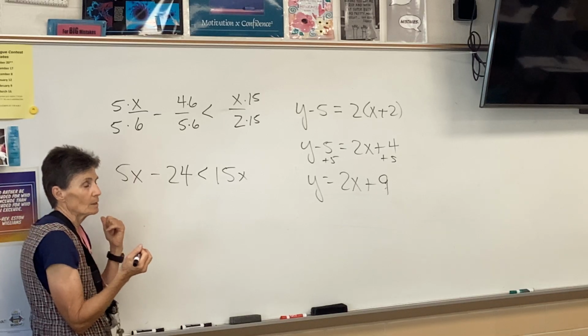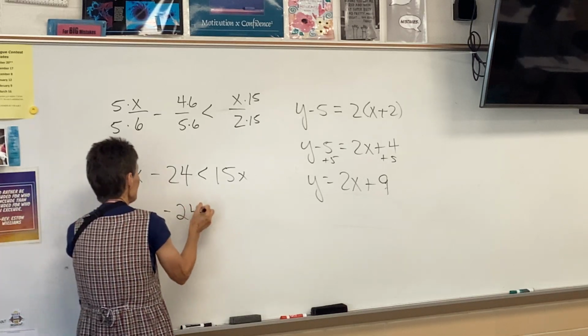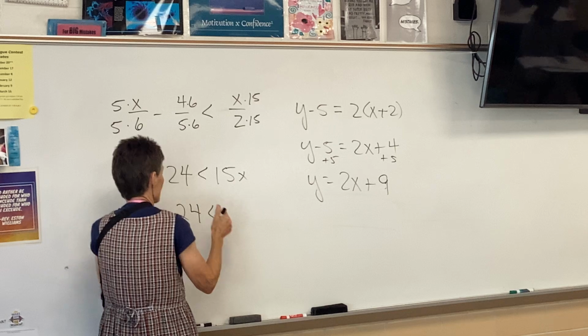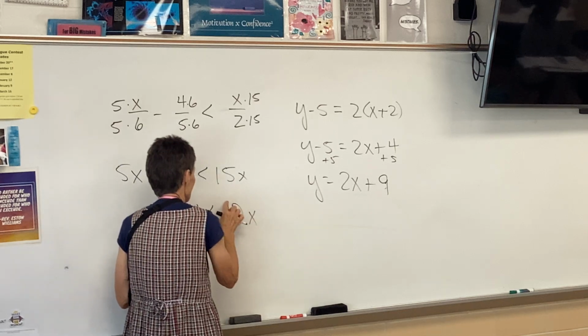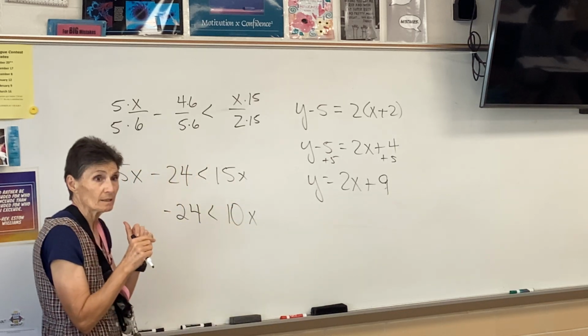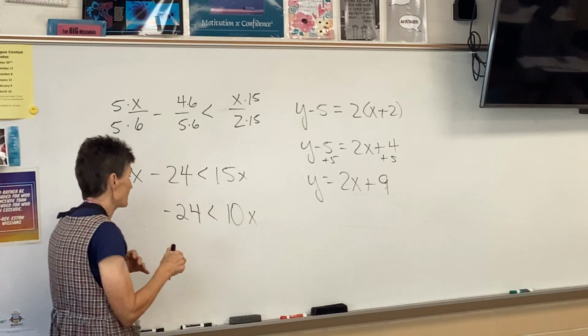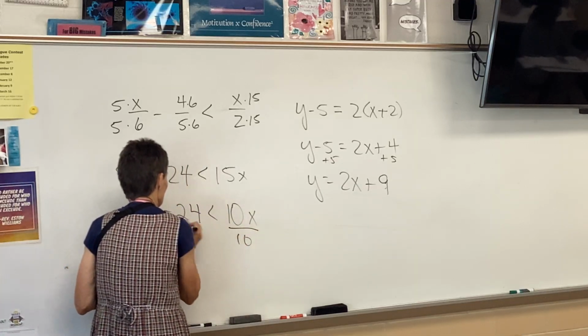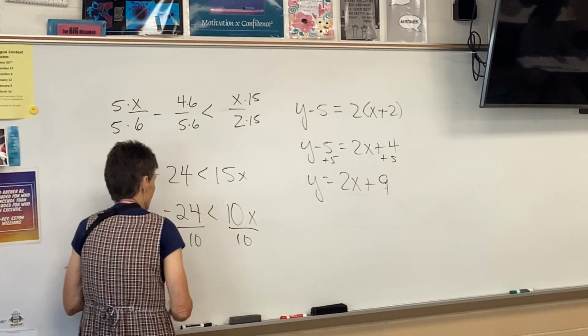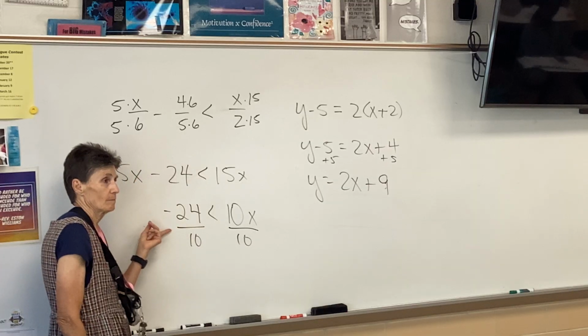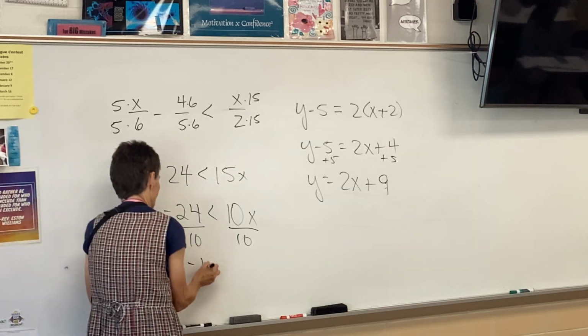Subtract my 5x. Okay, now our problem is going to be backwards, and that's okay, that's fine. The x is on the wrong side, but that's okay, we can still do it. So we'll divide by 10. That reduces. -12/5.